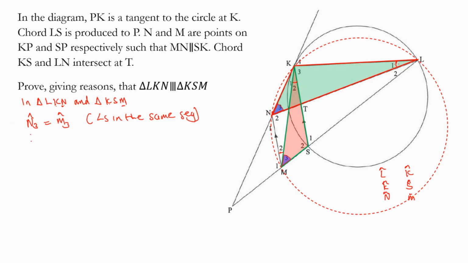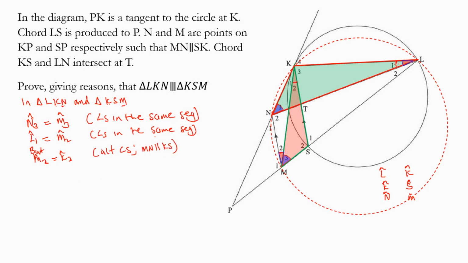So we have angle L1 is equal to angle M2, angles in the same segment. So these two angles are equal. And then again, angle M2 is equal to angle K2, since they are alternate angles, MN is parallel to KS.